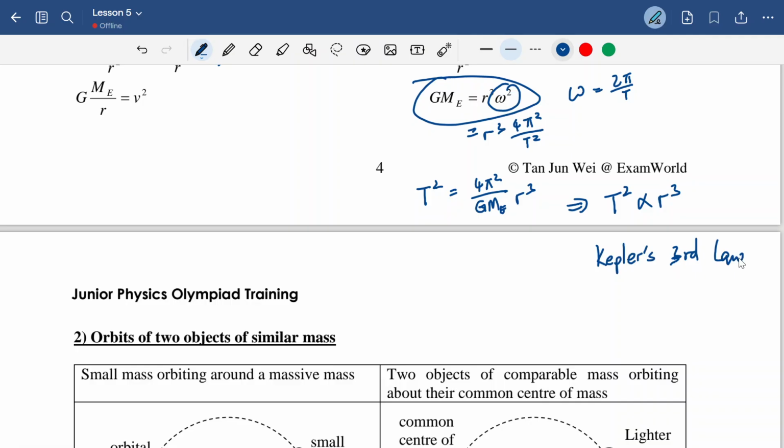Now Kepler is somebody before Newton. Before Kepler, there was one person who took all the readings of the period of the orbits of the planets and the distance from the sun. I don't know how he did it, but they managed to do it. He took all these readings that look like random numbers. Then Kepler studied all these numbers. The person passed all the readings to Kepler to continue the work.